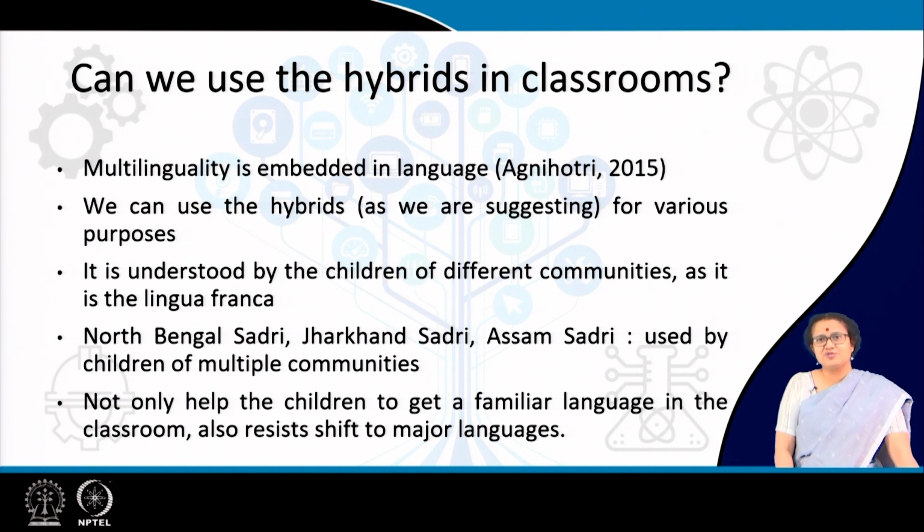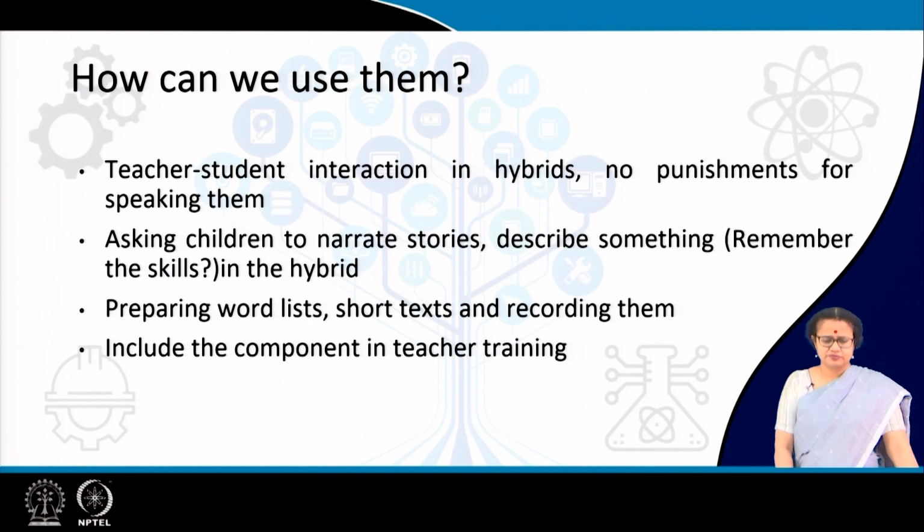So, the proposal of using hybrids in the classroom involves various factors like language maintenance, resistance to language shift, using the language of the children's immediate environment, and also accessibility for children from multiple communities.